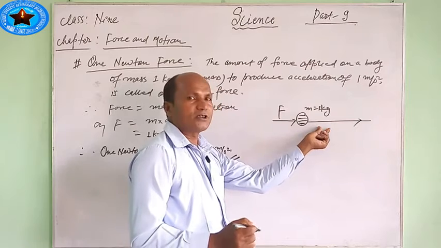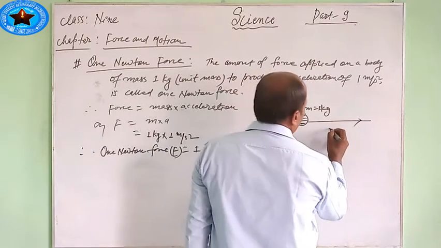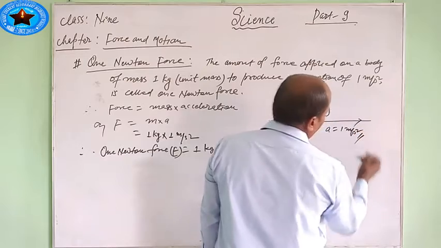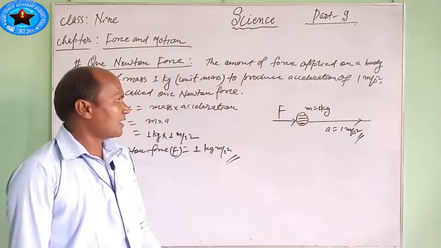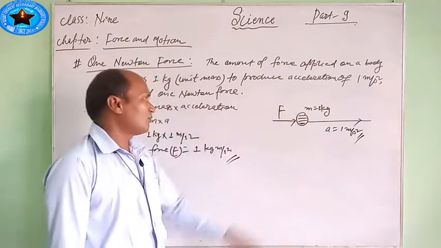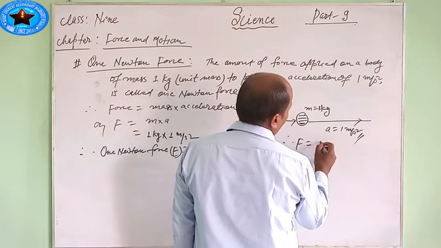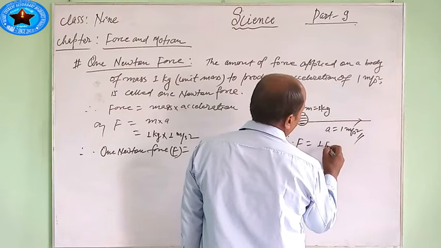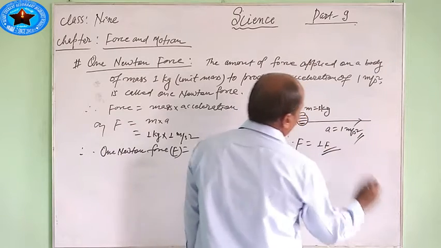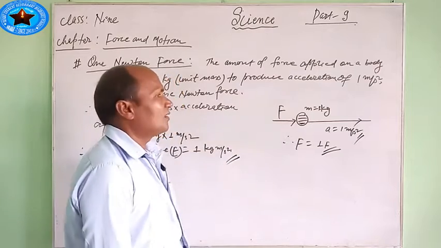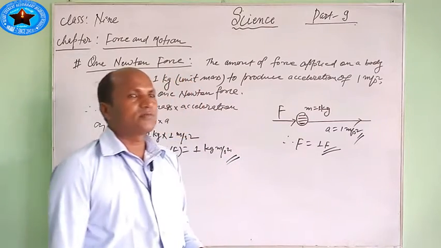How much acceleration is produced on that body? That is equal to 1 meter per second squared. If this much acceleration is produced in that moving body, then we say that F is equal to 1 Newton force acting on the body. In this way, you understood this matter.